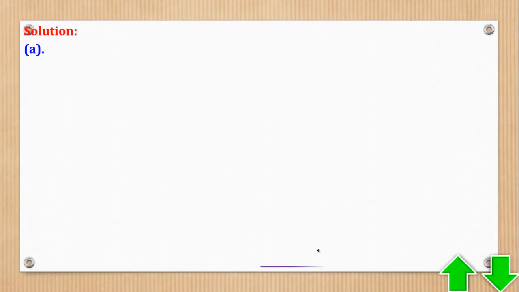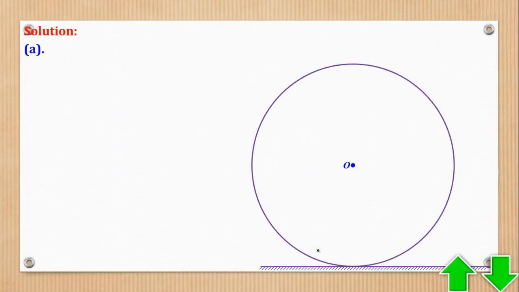So we shall still make a sketch. We have a particle initially at point A with velocity 0, then at point B with velocity v, having moved a vertical distance of h.